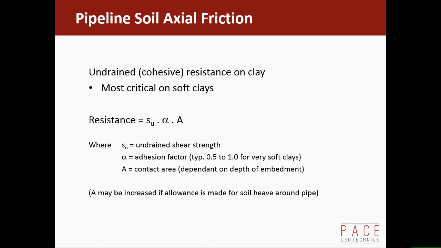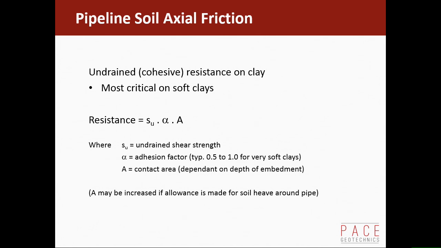So the resistance would be SU, the undrained shear strength, times an alpha value, an adhesion factor, which is typically 0.5 to 1 for very soft clays. It's how much remolding you get on strength. So when you initially lay the pipeline, you might reduce the strength by applying an adhesion factor of 0.5.